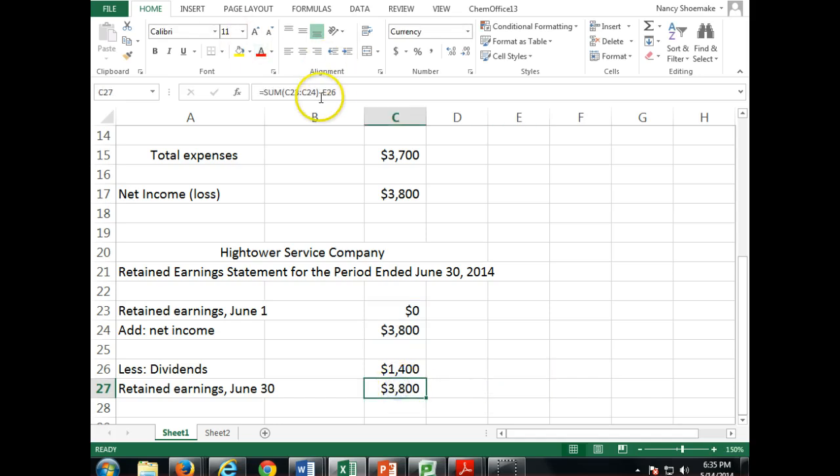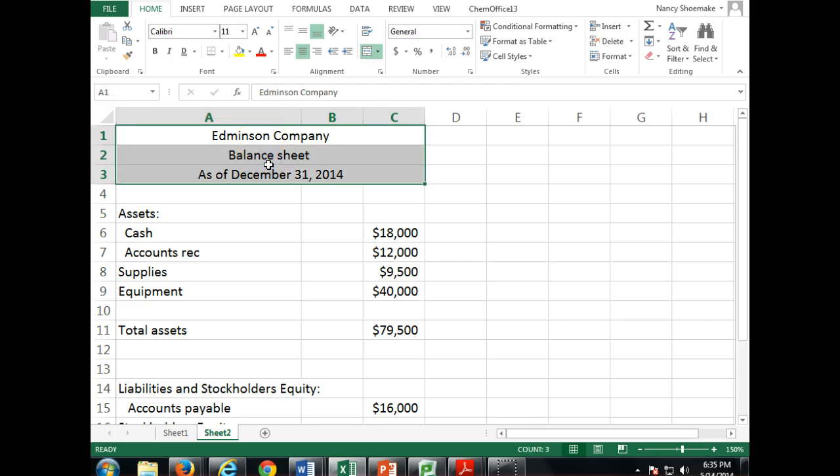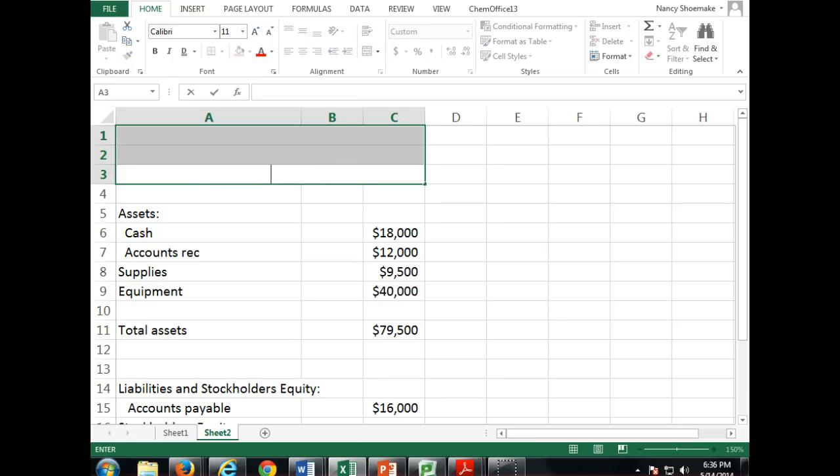Plus C26. Oh, yeah, that helps to have the right cells. So 2,400 is our retained earnings, right? Okay? Does that make sense so far? Now we've got to go and create a balance sheet. So our balance sheet, we're going to, okay.